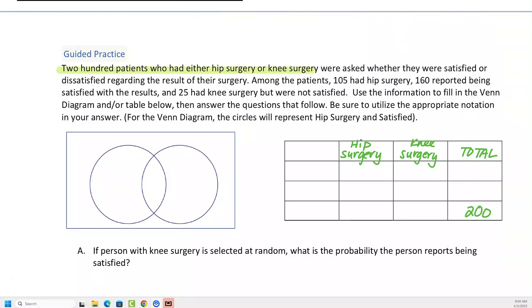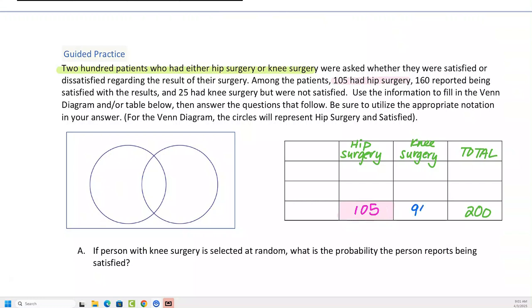Are we okay with that? The next piece of information is 105 had hip surgery. Well, that's going to be this right down here, isn't it? 105. Well, we know right away how many had knee surgery because they have to add to 200.